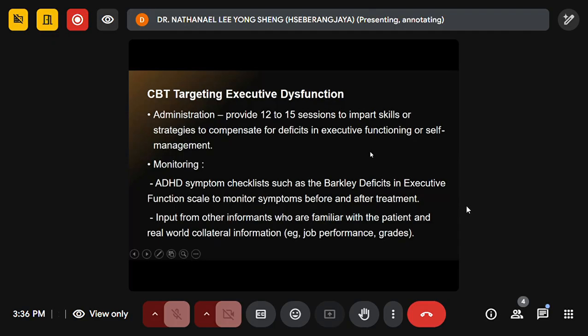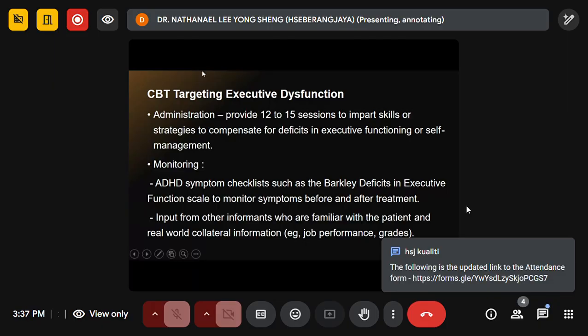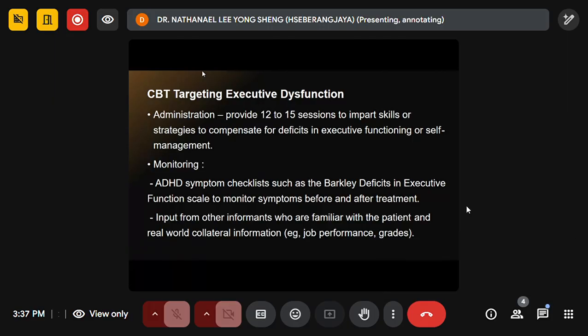You can use some checklists, for example, the deficits in executive function skill, to monitor the symptoms pre and post treatment, and input from other informants is also important to measure the efficacy of the CBT.